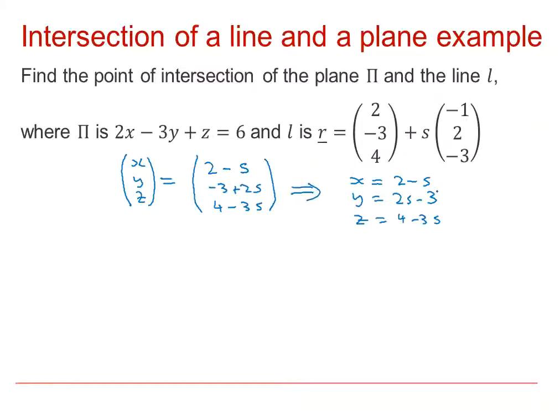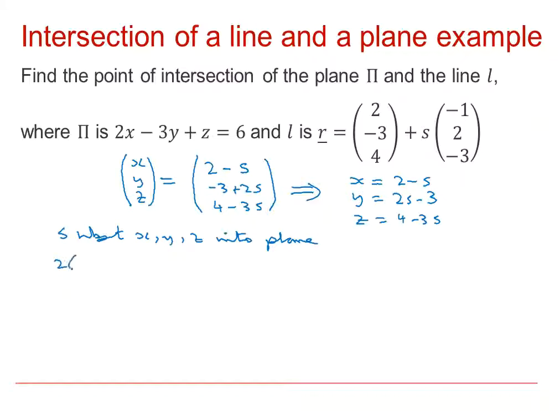So these are the parametric equations for x, y, z, which at the moment is a point on the line. But we also want it to be a point on the plane. So what we can do now is substitute the x, y and z parametric equations into the plane, because it must lie on the plane as well.